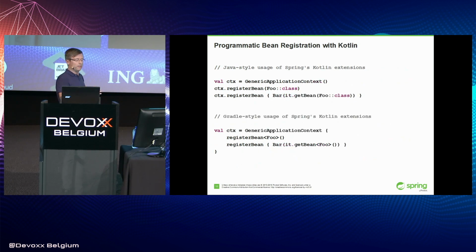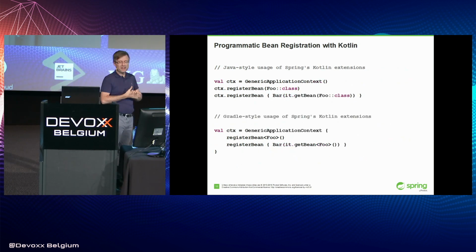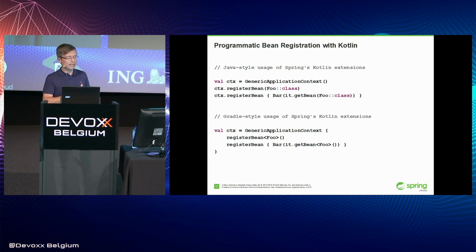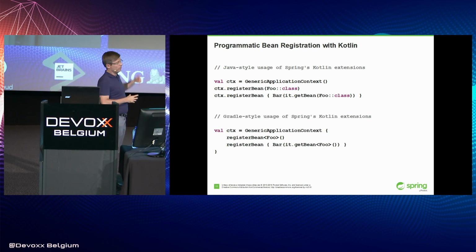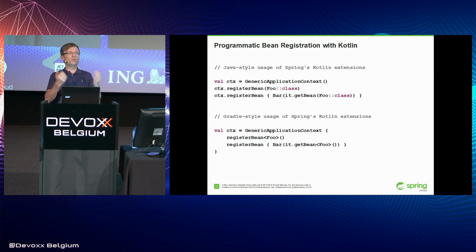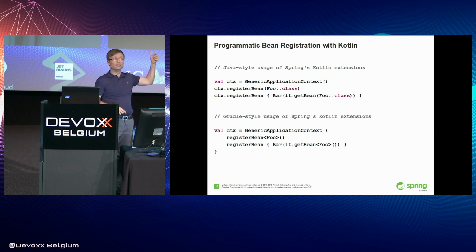And last but not quite last, but almost last here in this storyline, we have the same examples in Kotlin. In all brevity here, the version above is very Java style. It looks almost like the corresponding Java code, instantiating a new GenericApplicationContext, registering the Foo class with default conventions, registering Bar with an instance supplier.